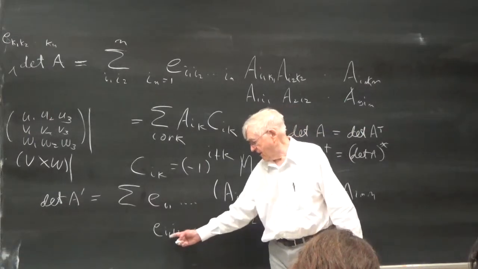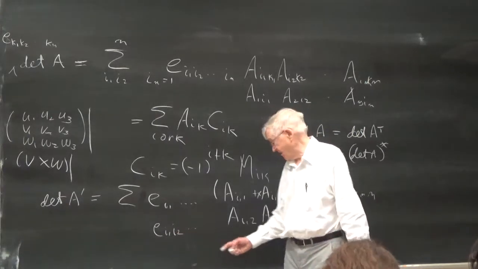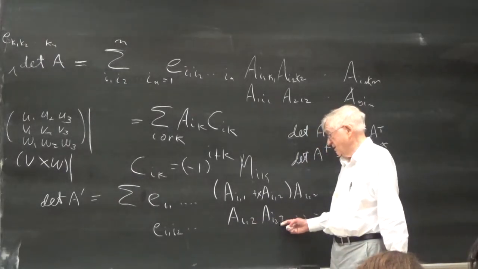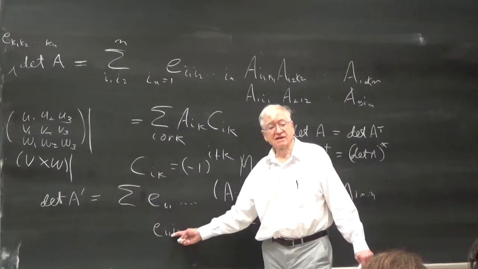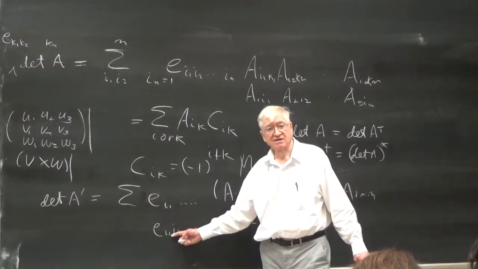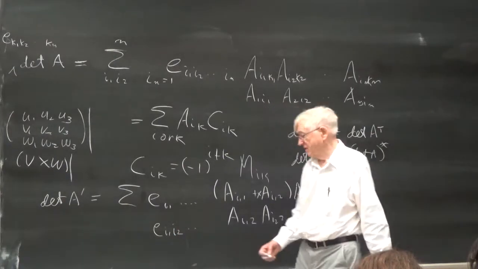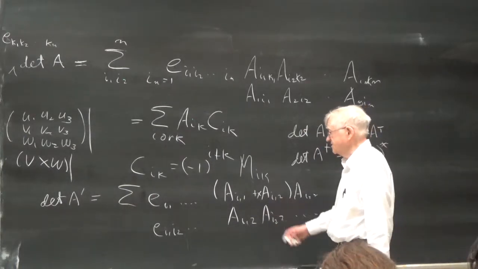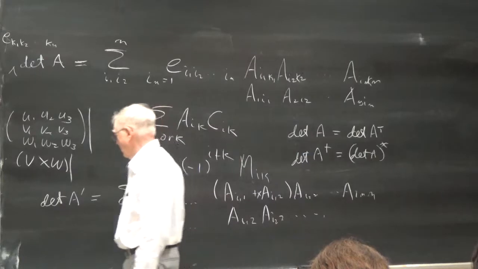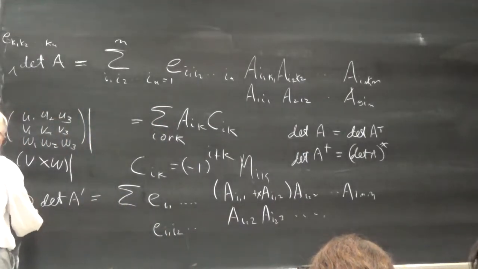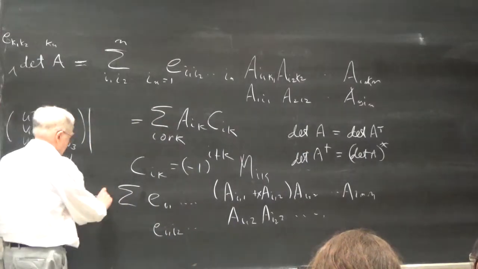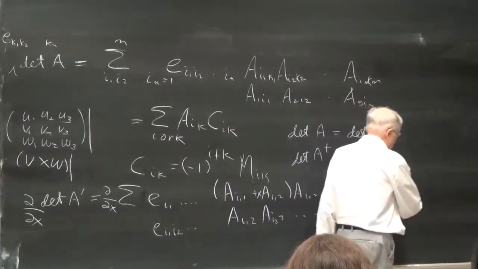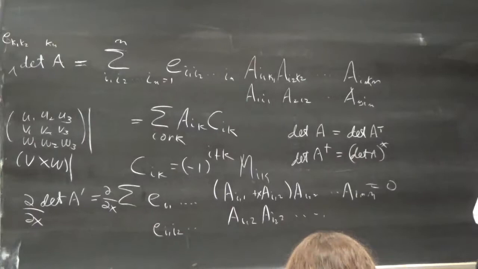But then, when I1 is 7 and I2 is 6, these are the same, but epsilon differs by a minus sign, so they cancel exactly. So the change due to X is 0. One way of writing that is the derivative of this with respect to X is 0. I wrote it differently in the book.